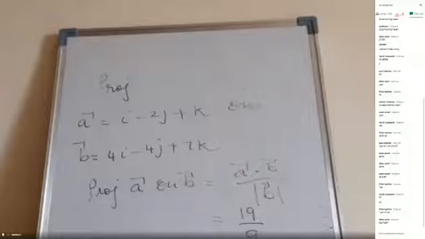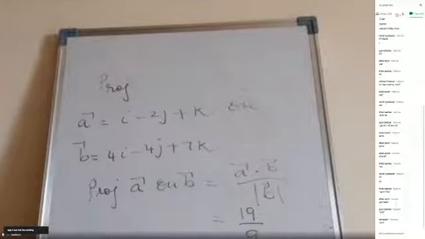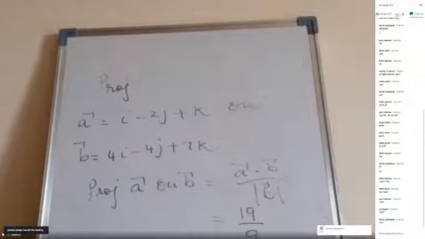That's the final answer, wrong. What is A dot B? A dot B is 19. Mod B is root of 81, which is 9. So the answer is 19 by 9.